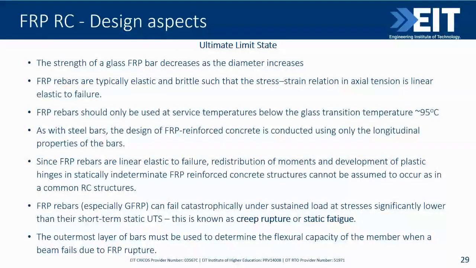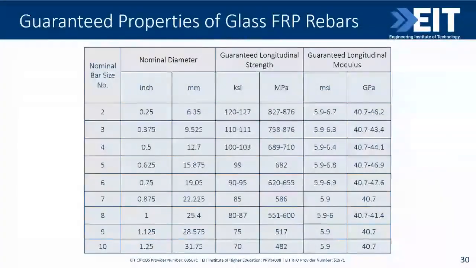So the strength of the GFRP bars or FRP bars decreases when the rod diameter is small. Right. I've got this picture here. The strength when we're using small diameter rods, they only have this range of strength.